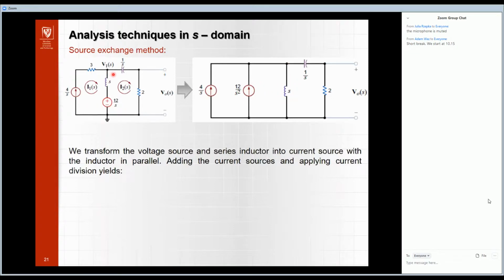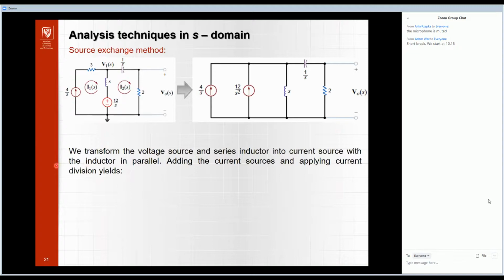So I cannot change only the source, but the voltage source connected with the series elements. So this part is replaced by this part. But here I should divide also by these elements.